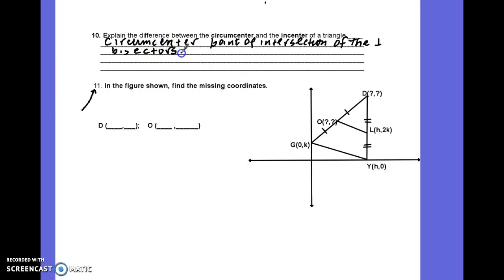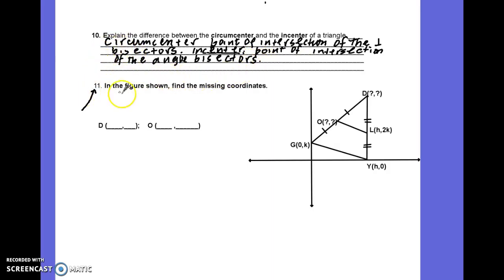Okay, and that might sound the same, but it's not the same as the incenter. The incenter is also a point of intersection, but it's going to be the point of intersection of the angle bisectors. Okay, I know it's been a while since we've done this, but I think this review will serve us well.